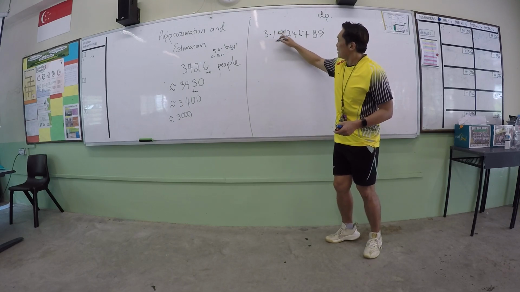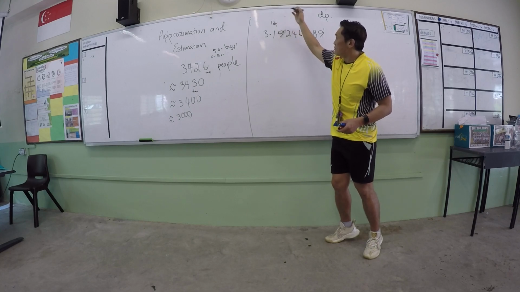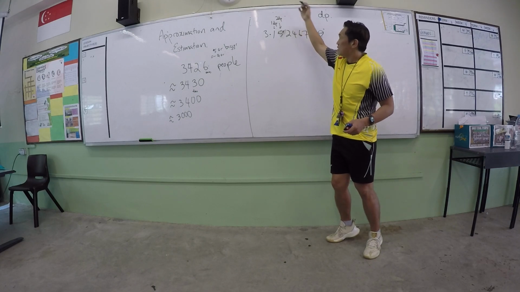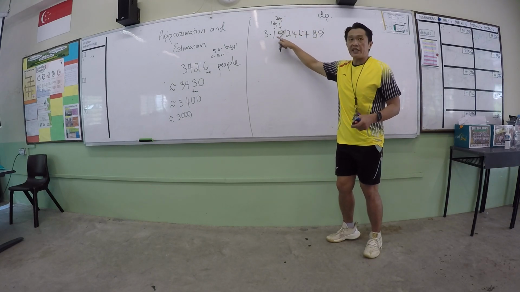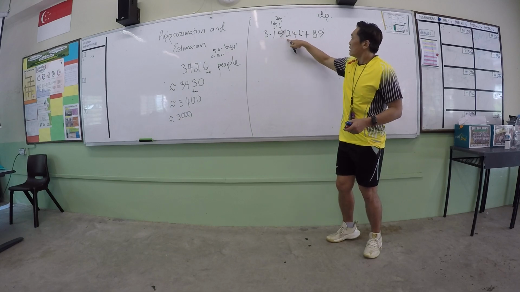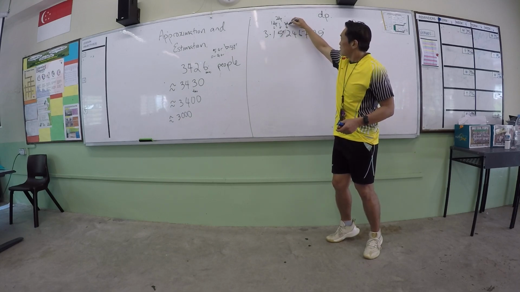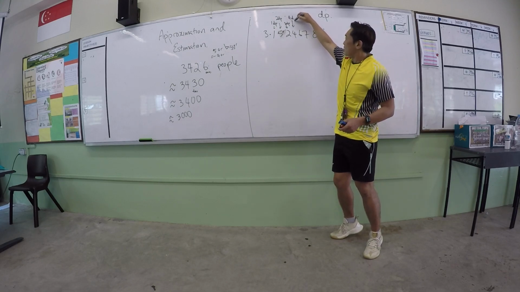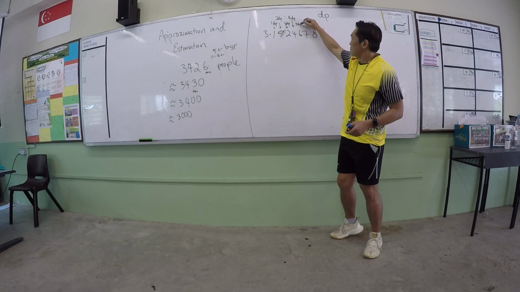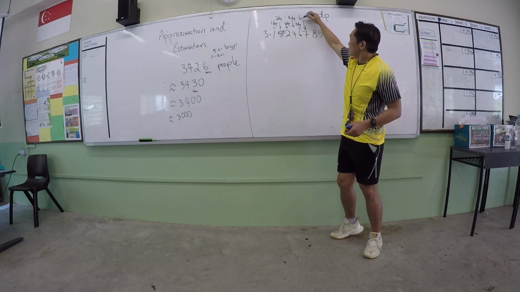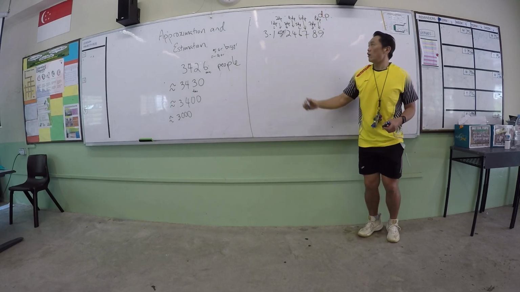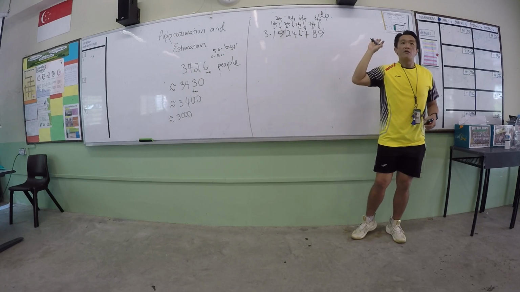Meaning 1 here is 1 decimal place. 5 here is the second decimal place because it is the second digit after the point. 2 is the third decimal point. 4 is the fourth decimal point. 5th decimal point. 6th decimal point. 7th decimal point. 8th decimal point. So on and so forth. Okay?